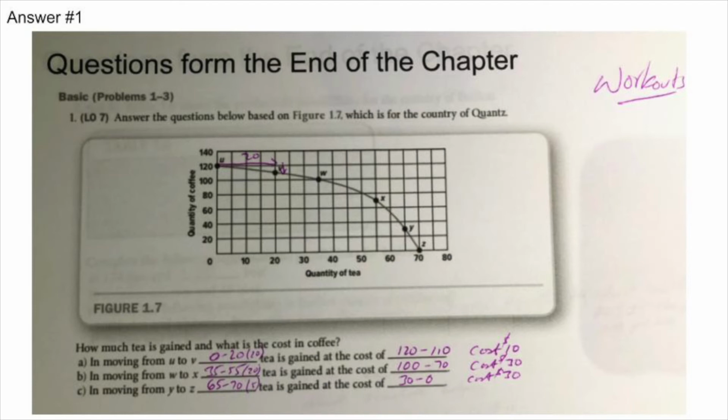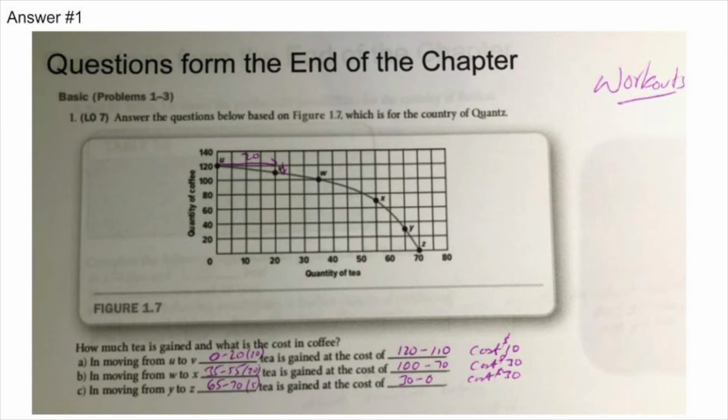Okay, so we went from W, which is 35 tea, to 55 tea. So 55 minus 35 is 20. So we had an increase of 20 tea. But what is the cost? Well, look, we went from 100 coffee being produced at W down to 70. So 100 minus 70 is 30. So 20 tea at a cost of 30 coffee.